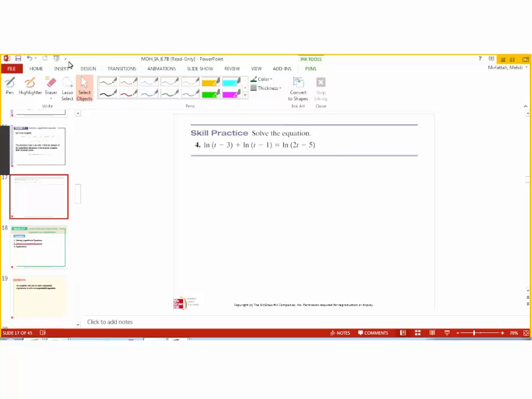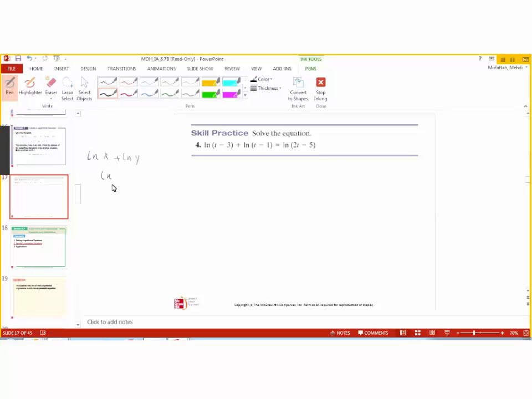Yes, Jim, go ahead. What's the first step? Well, the first step I did was put t minus 3 and t minus 1 and multiply together. So it'll be ln of (t minus 3) times (t minus 1).